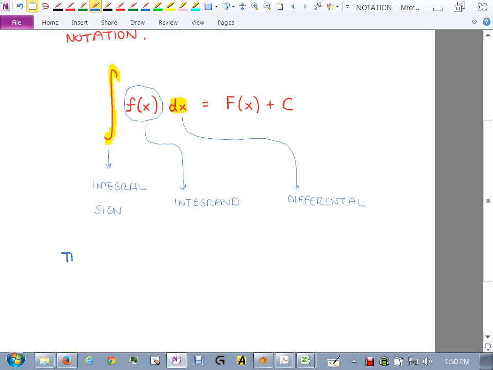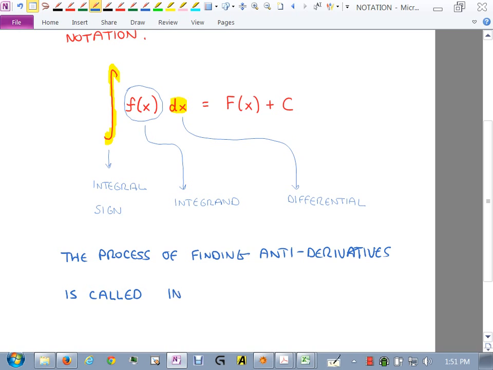The process of finding antiderivatives is called integration.